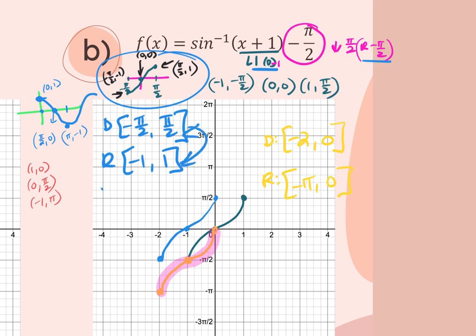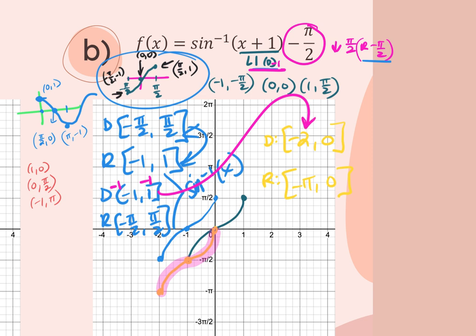For the inverse, my domain would be negative 1 to 1, and my range would be negative pi over 2 to pi over 2. This would be the inverse domain and range. So then if I wanted to move left 1, I would subtract 1 from each of these, and I get negative 2, 0. And I would subtract pi over 2 from each of these, and I get negative pi, 0.